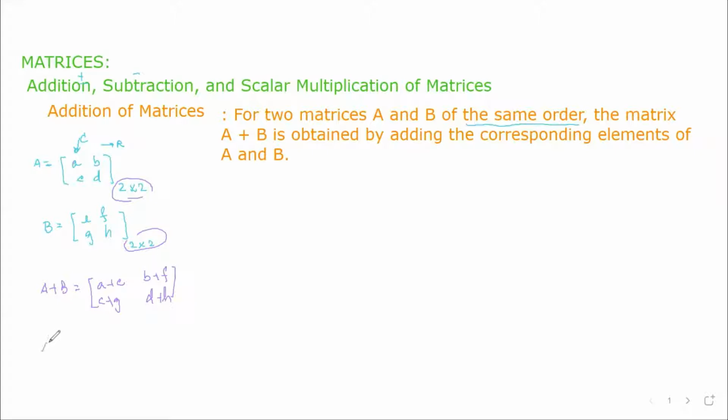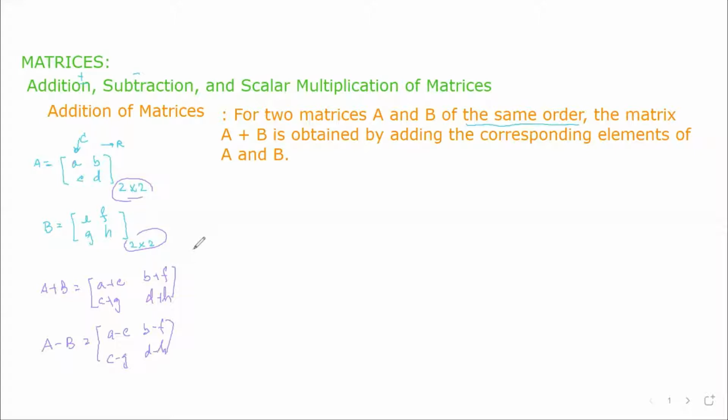If minus, you just say matrix A minus B. Instead of plus it becomes A minus E, and then C minus G, and B minus F, and D minus H. Okay, so this is matrix addition and subtraction.